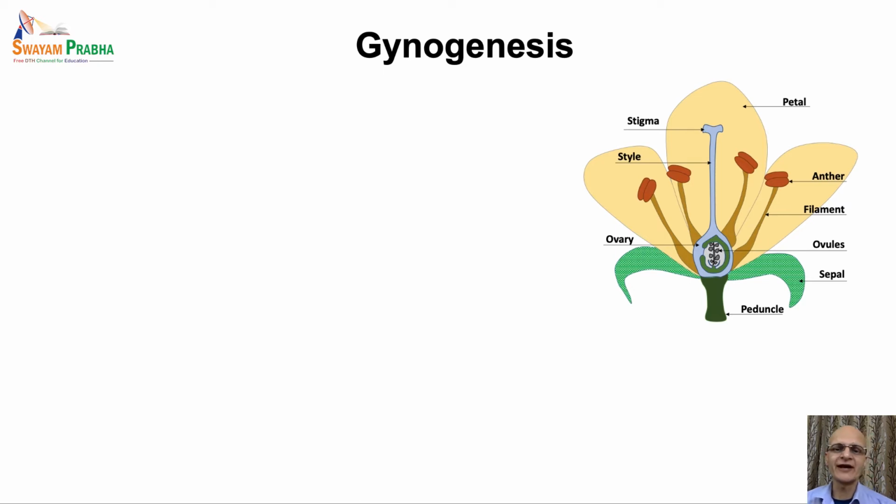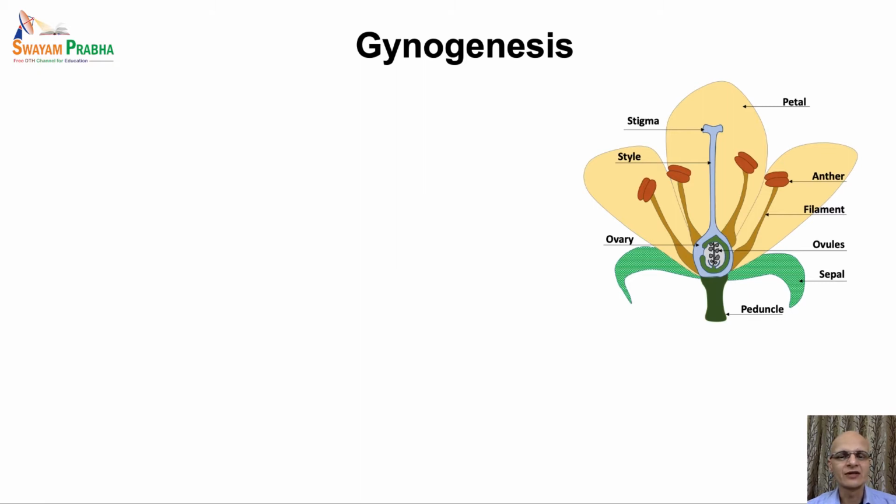Gynogenesis, how do we define it? Earlier we talked about androgenesis, where haploid tissue from the male gametophyte, that is pollen, was used as explants for in vitro cultures and haploid plants were regenerated.